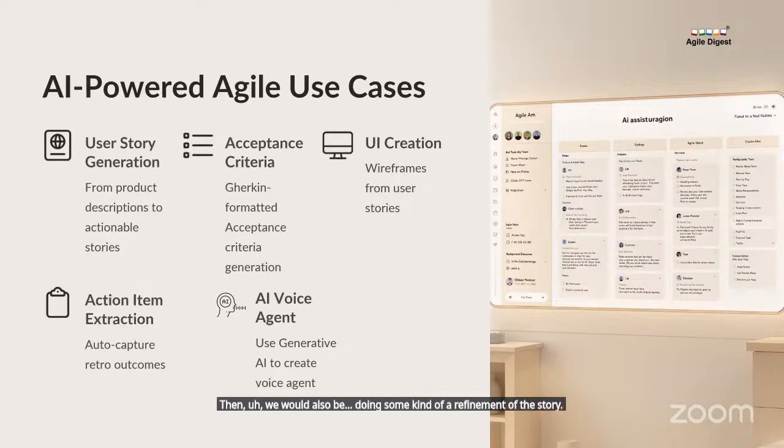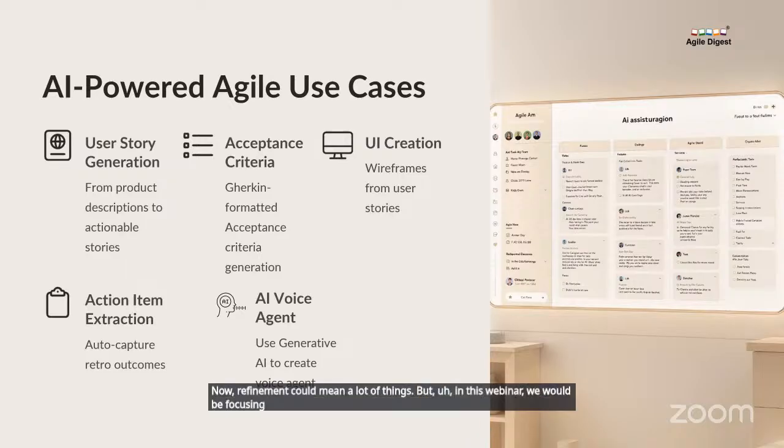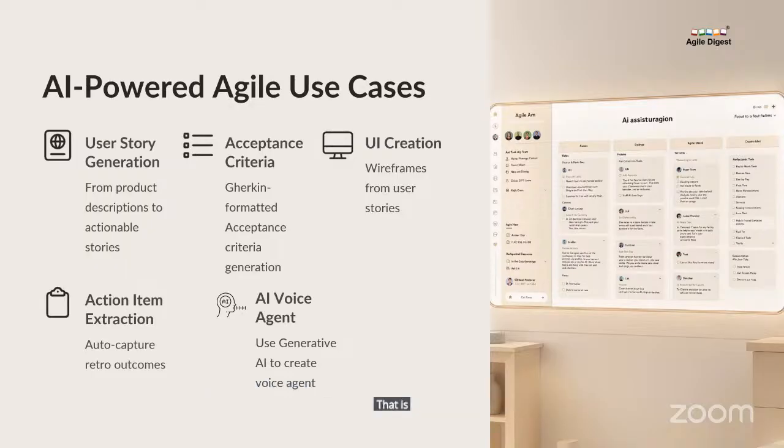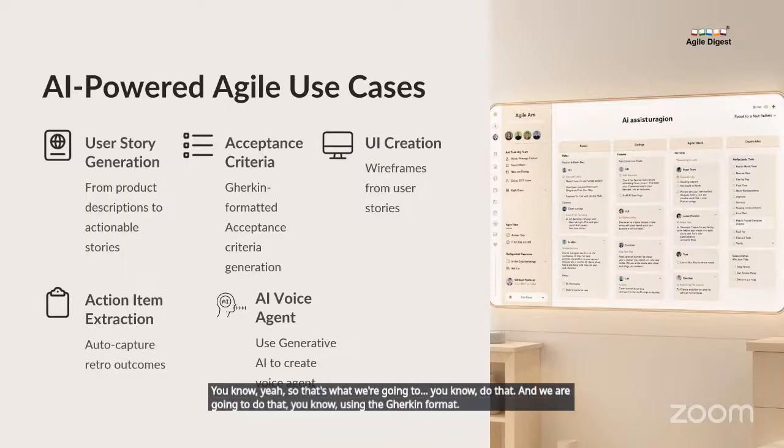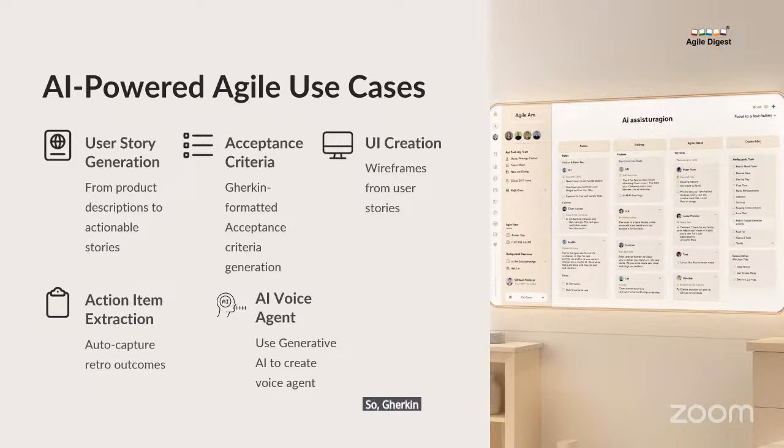Refinement could mean a lot of things, but in this webinar we would focus on a specific use case: how you generate acceptance criteria from your user stories using the Gherkin format. The Gherkin format is the given-when-then criteria when you write the acceptance criteria.